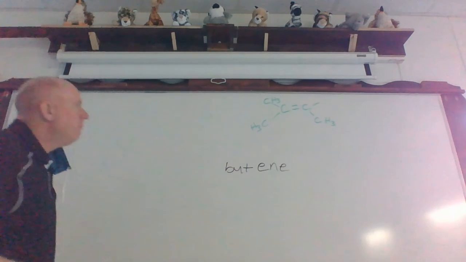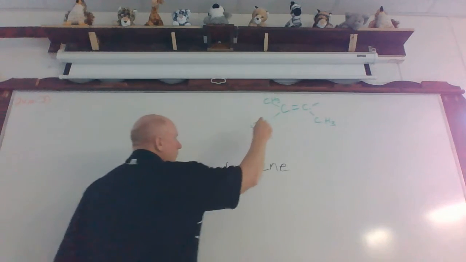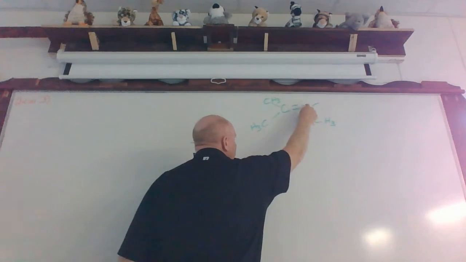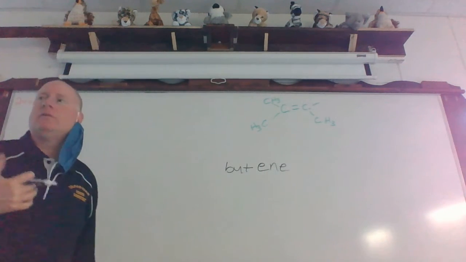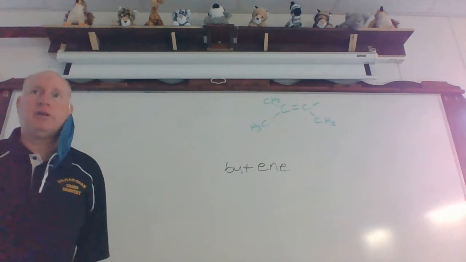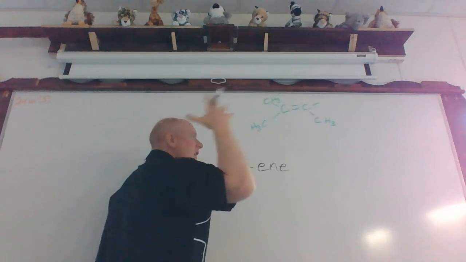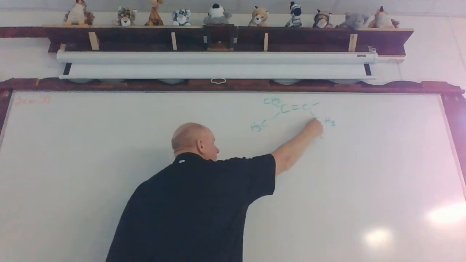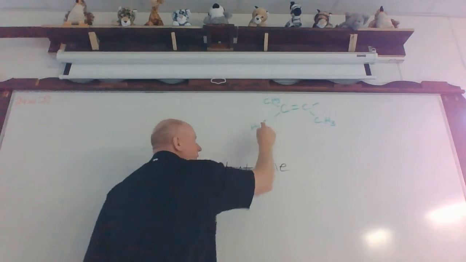But once we do that, whether we go 1, 2, 3, 4 or the other direction, my point is we've got a methyl group branching off of one of those. To give us the lowest combination, would we start down here or up here, do you think?